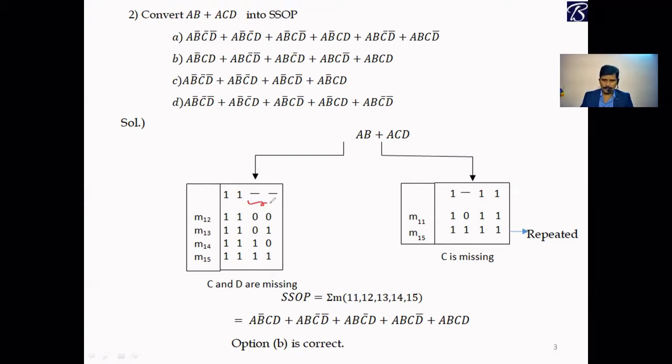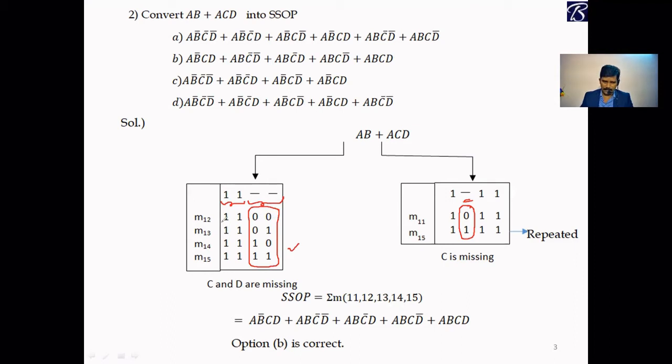For these two, take the combinations 0 0, 0 1, 1 0, 1 1, and these two take as it is. Now coming to this one, for this you take the combination 0 1, and the remaining 1 1 1 you take as it is. Now write the minterms.